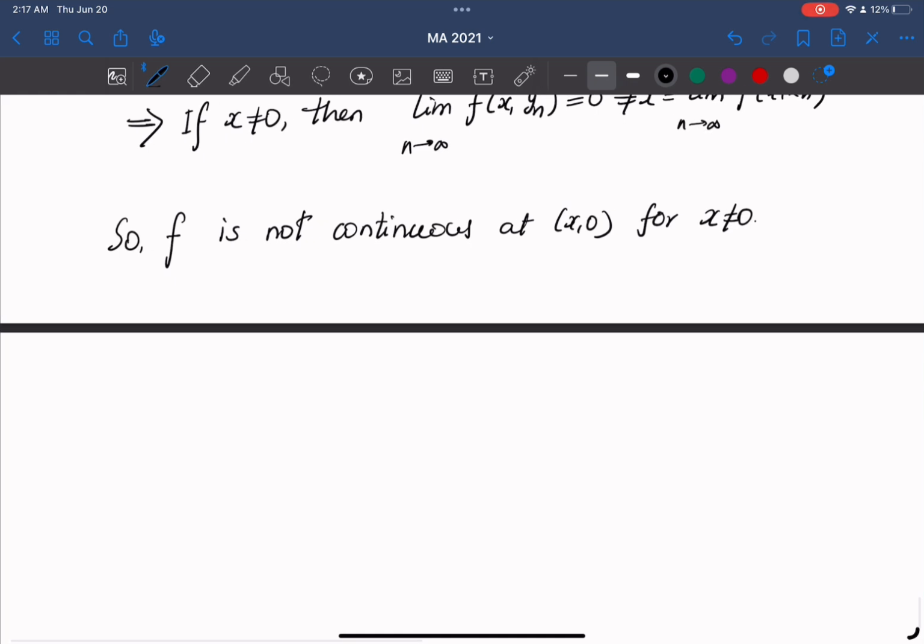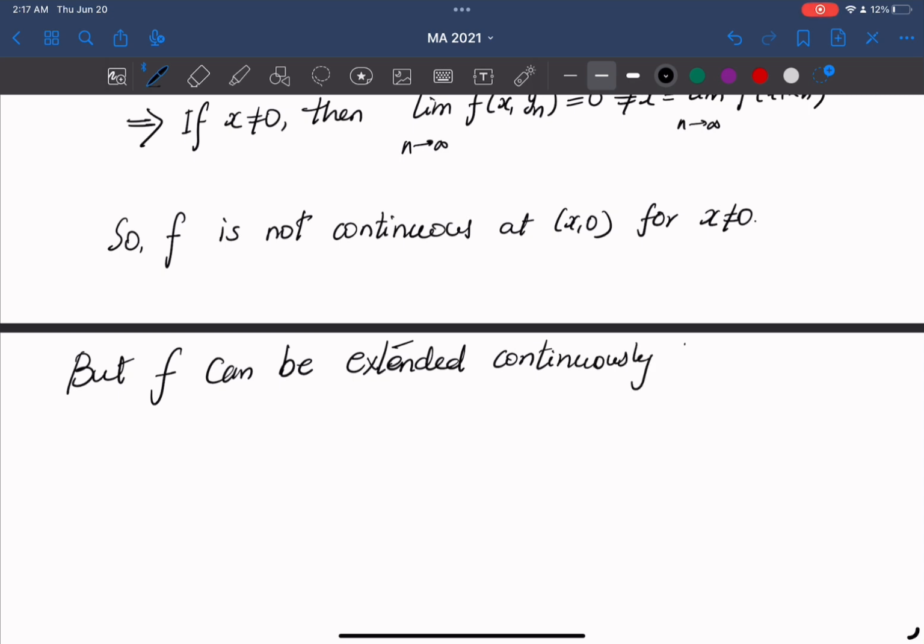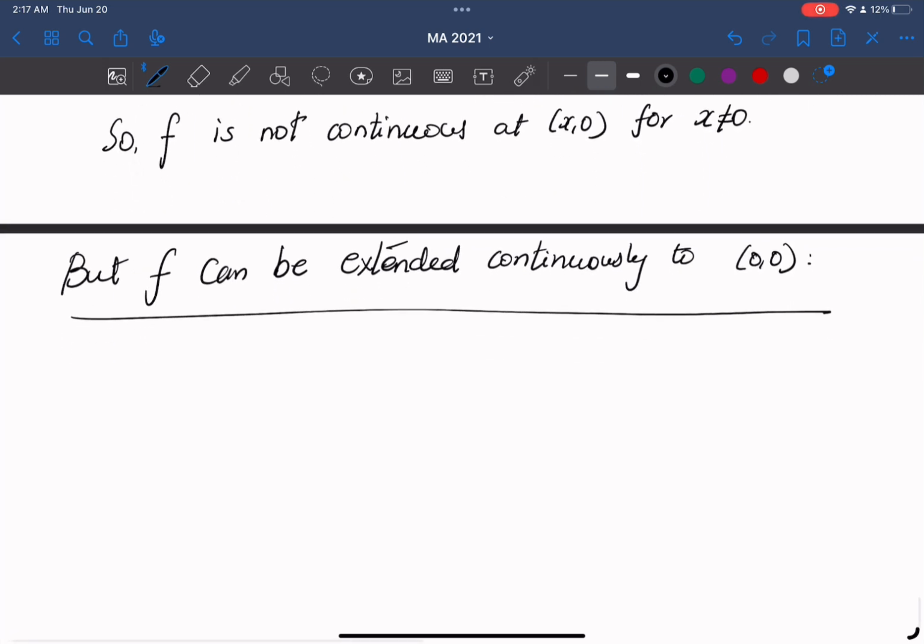Alright, but what happens when x is equal to 0? It turns out that f can be extended continuously to the origin, that is the point (0, 0). Let's see an argument for this.